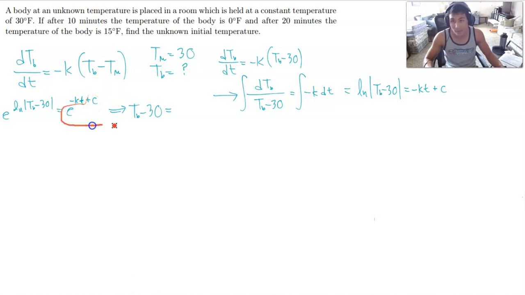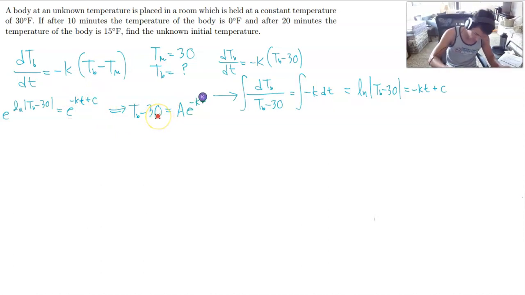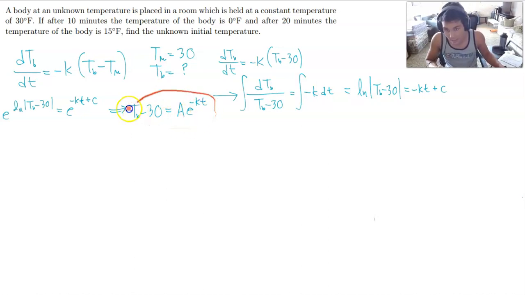Just trust me when I say you can rewrite your constant e to the C as A, and e to the negative kt, just leave as is. So you get T_B minus 30 is equal to A e to the negative kt.